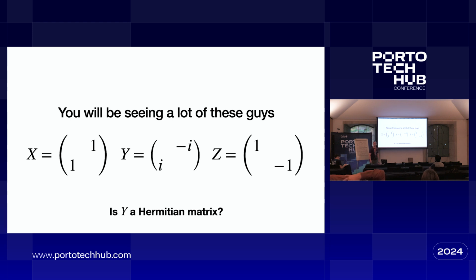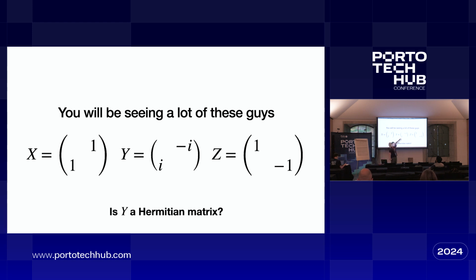Is Y Hermitian? Hermitian is the equivalent of symmetric for complex matrices. Hermitian means, if we recall, the question is: is Y dagger equal to Y, where dagger is the conjugate transpose?